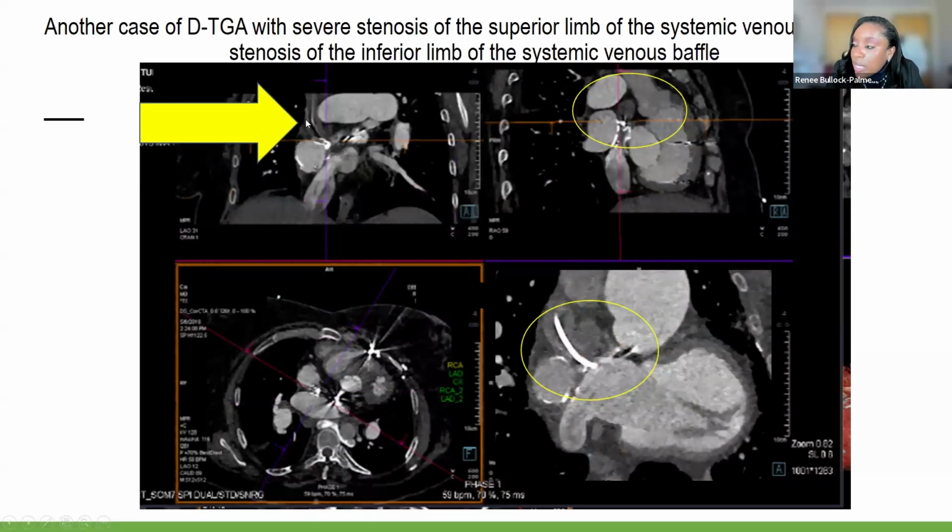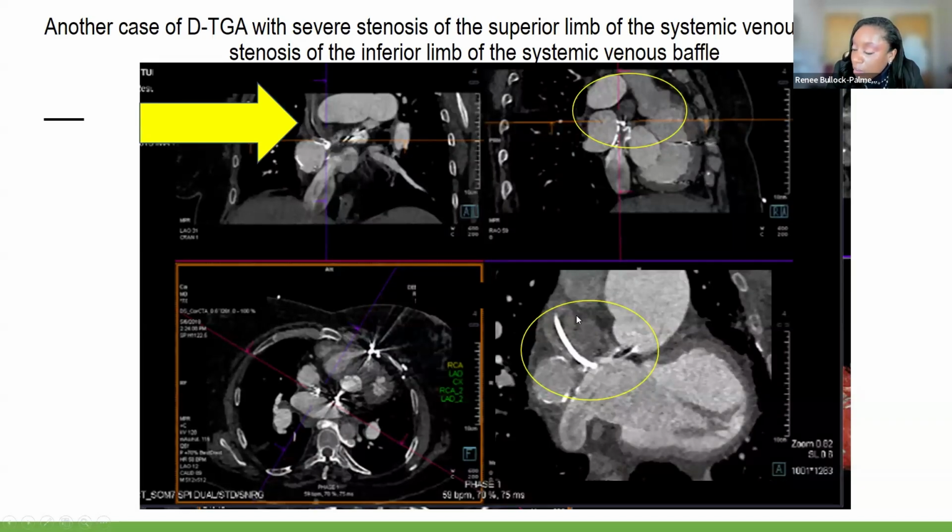In this patient, she actually had an SVC stenosis. She had a lead that was placed years ago. She had developed AV block and had required pacemaker placement. And over time, what happened is that she developed a lot of fibrosis around that lead and had stenosis of that SVC.